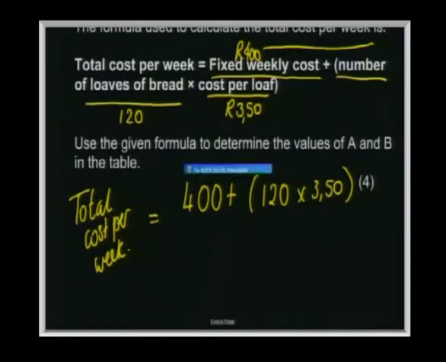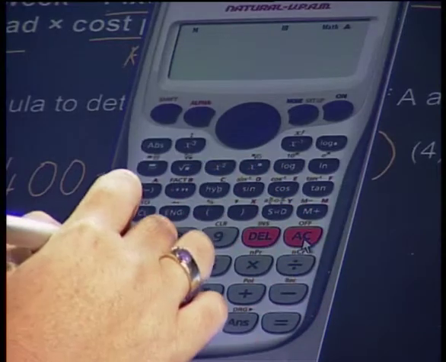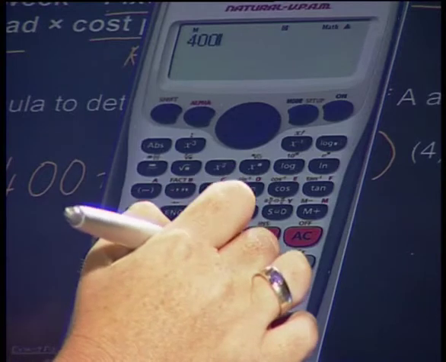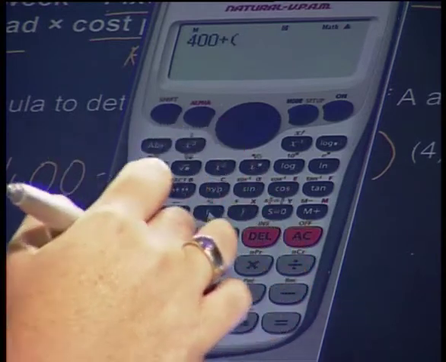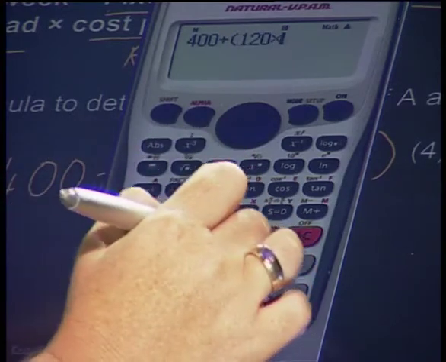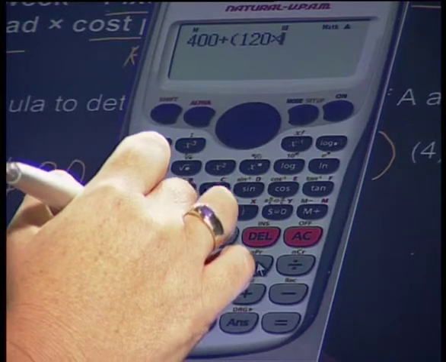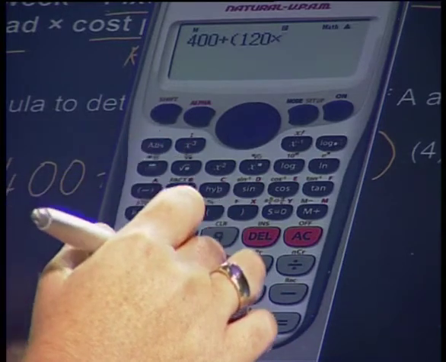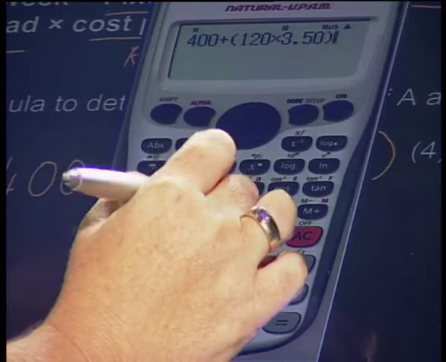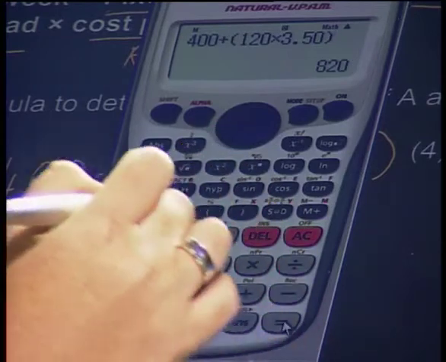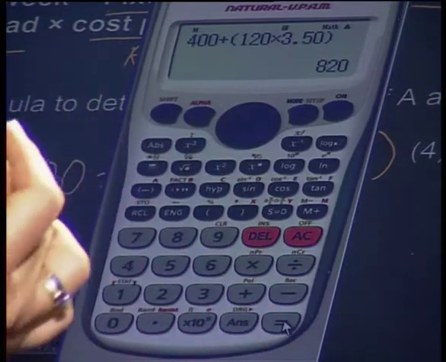So let's do that on our calculator. 400 plus brackets 120 times 3.50 Rand. And our answer is going to be 820 Rand.